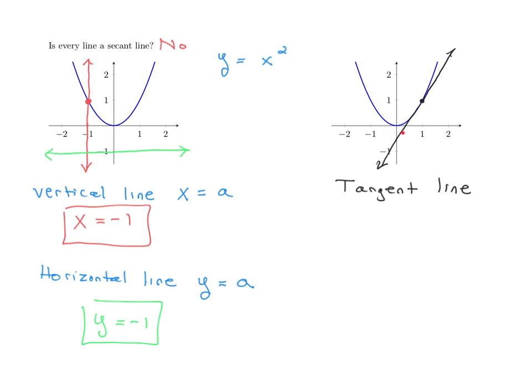I'm not sure what its slope is or even what its formula is, but I can draw it. At this one spot, this line will intersect the graph only once, and it is moving in the direction of the curve at this point. We're going to spend a lot of time focusing on these particular lines and how to compute their slopes, but I'd like you to have an intuitive idea of what a tangent line is, and I'll leave it at that for now.